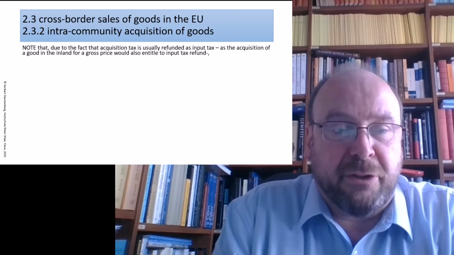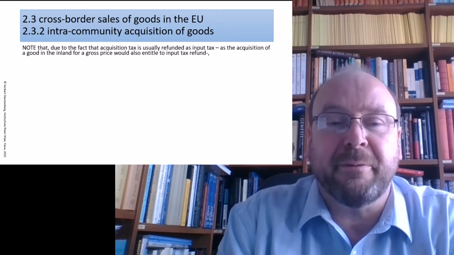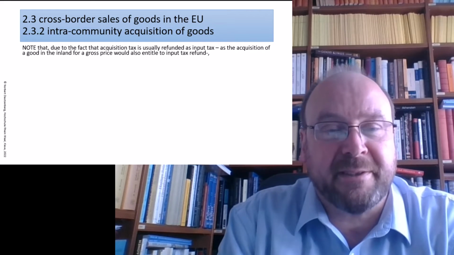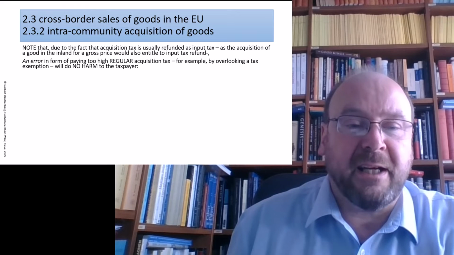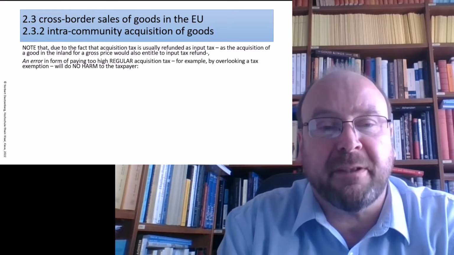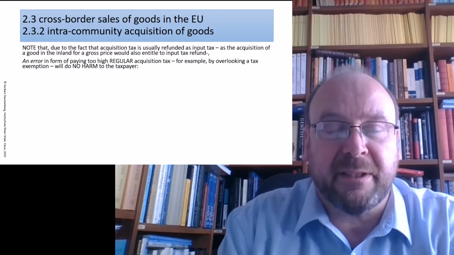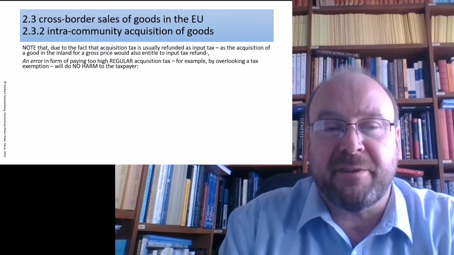Yeah, you should note that due to the fact that the acquisition tax is usually refunded as input tax, we have probably no problem if you make an error and pay too high a regular acquisition tax. It does no harm.